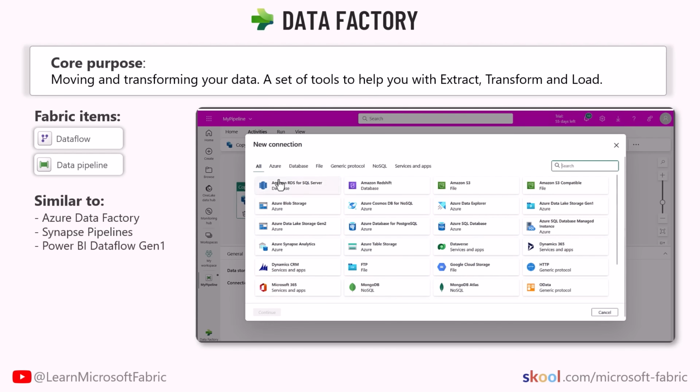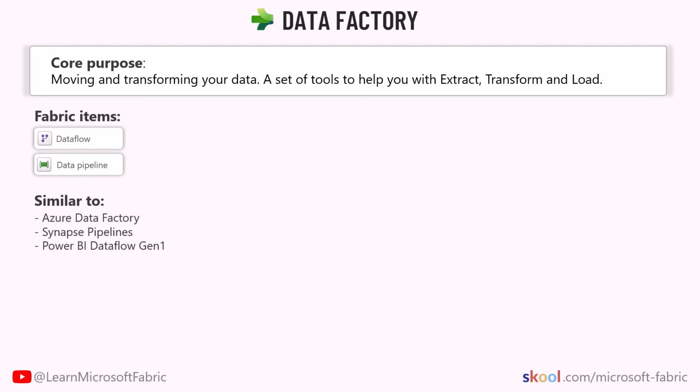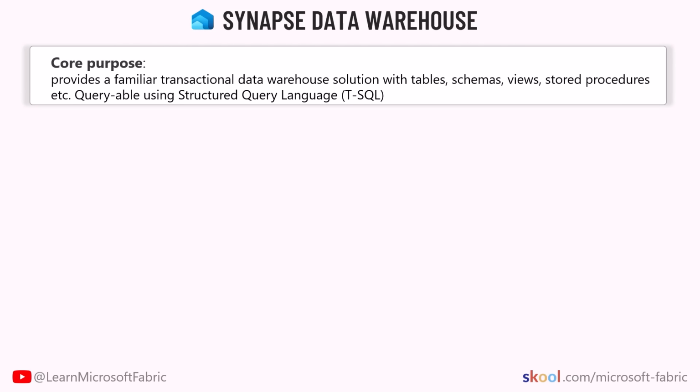This set of tools provides similar functionality to existing tools that you might be familiar with, like Azure Data Factory, Synapse Pipelines, and Power BI Dataflow Gen 1. And the main personas who might be using the Data Factory tools would be data engineers, analytics engineers, and also Power BI developers.